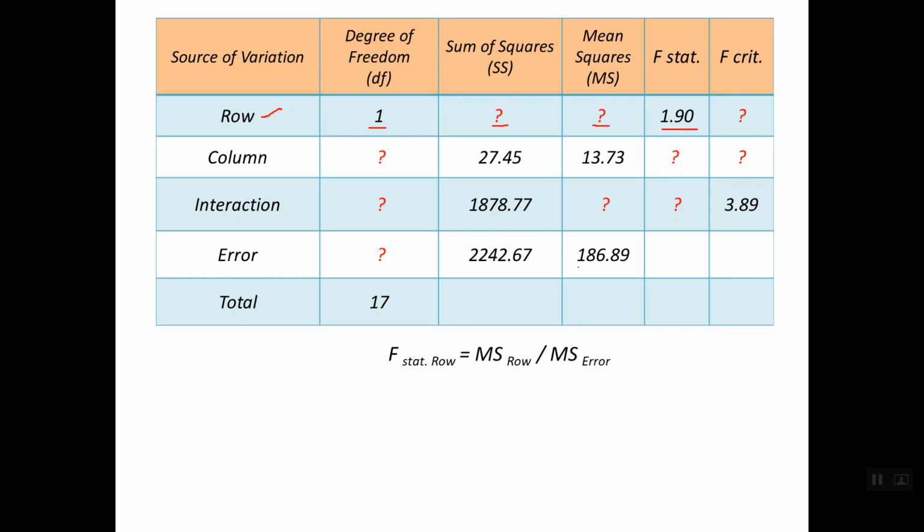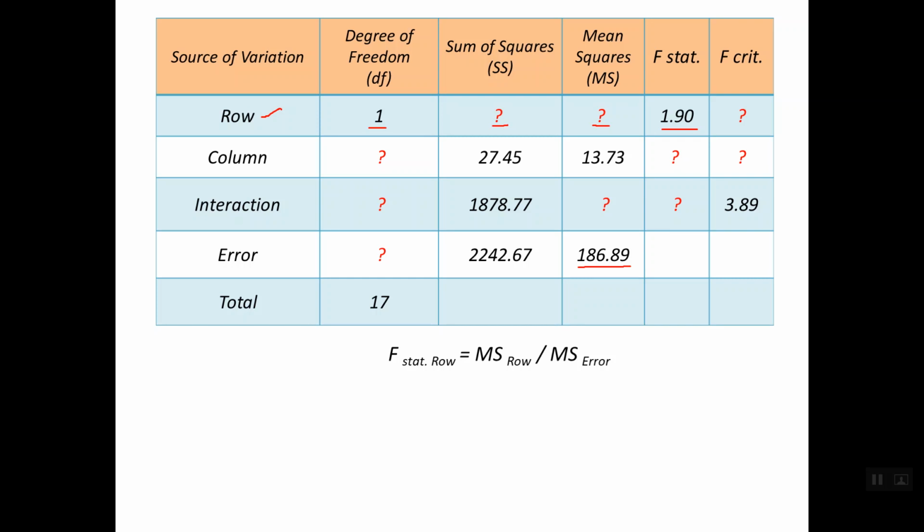And notice that the MS for the error is already known. By using the formula to calculate the value of F for any factor, we simply divide the mean square of that factor by the mean square of the error.